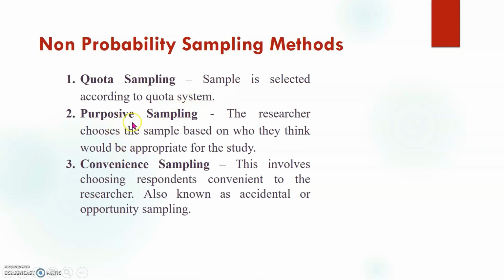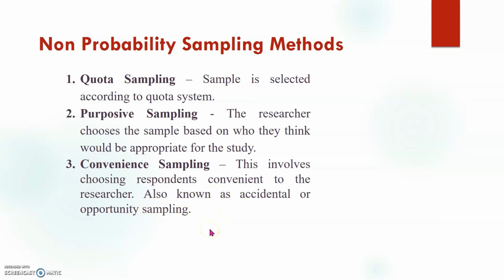Next, we have the purposive sampling, in which the researcher chooses the sample based on who they think would be appropriate for the study. And third, we have the convenience sampling. And this involves choosing respondents convenient to the researcher, also known as the accidental or opportunity sampling.